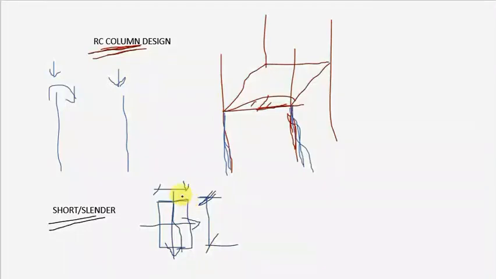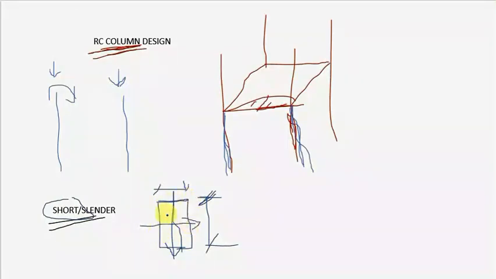So what happens if you want to know whether your column is short or slender? You take the effective length of your column, then you divide that effective length by the depth of the column responsible for bending, and then you will know whether your column is slender or short.